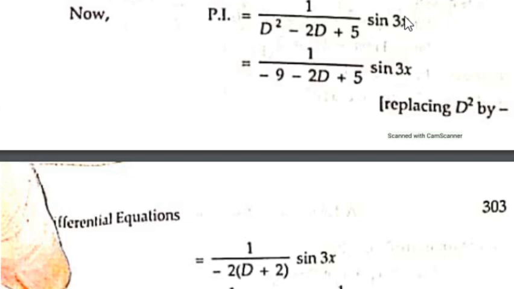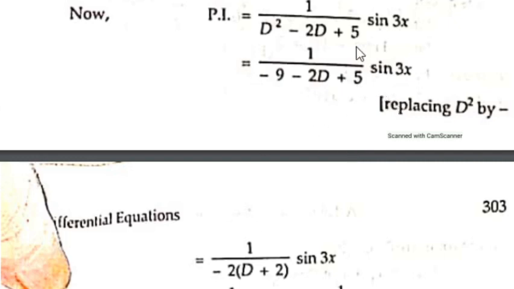a² means 9, −a² means −9. So D² is replaced by −a², so it is −9 − 2D + 5, with D as it is, sin 3x.